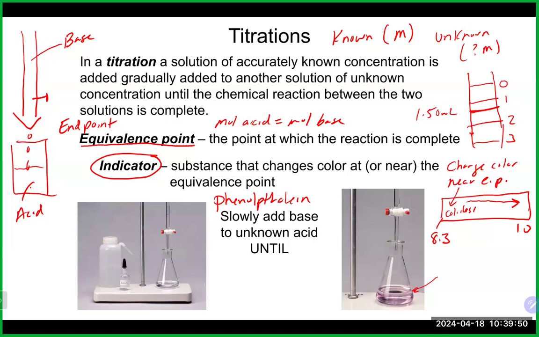You have to hold a piece of paper underneath it to see the light pink. That's because that will put your equivalence point hopefully back at this range, which is probably where it should be. And hopefully your titrations look something like that or lighter.